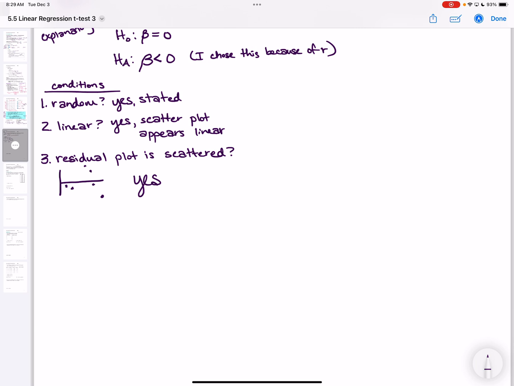Okay. So now that we've checked the conditions, we can run the test. All right. So you're going to have stat, calc, and it is option F, which is a linear regression t-test. Okay. So where are your x's?